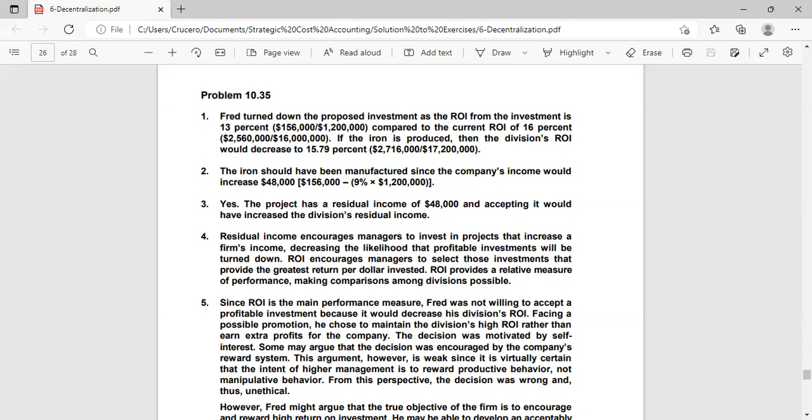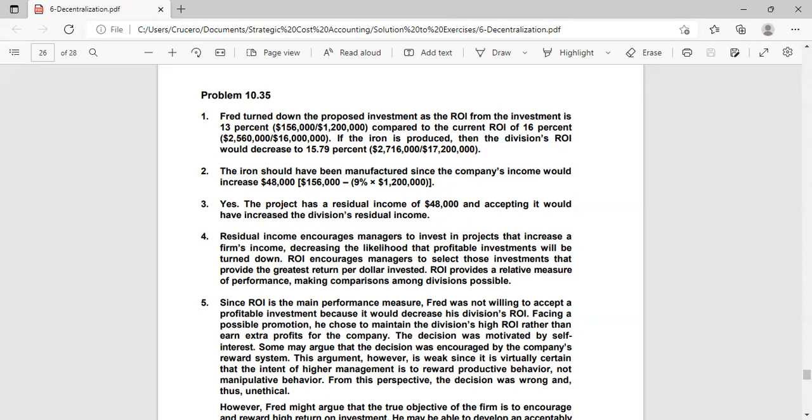For the coming year, Fred's division has been promised new capital totaling 1.5 million. Any of the capital not invested by the division will be invested to earn the company's required rate of 9%.